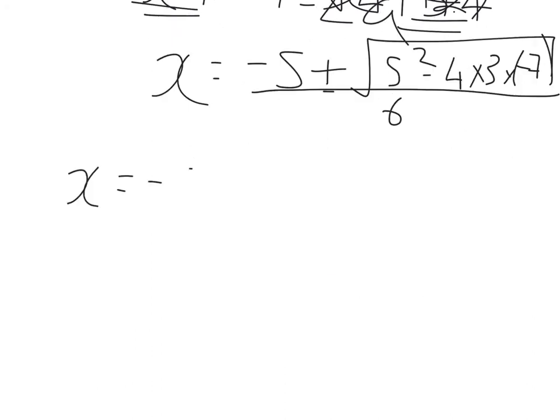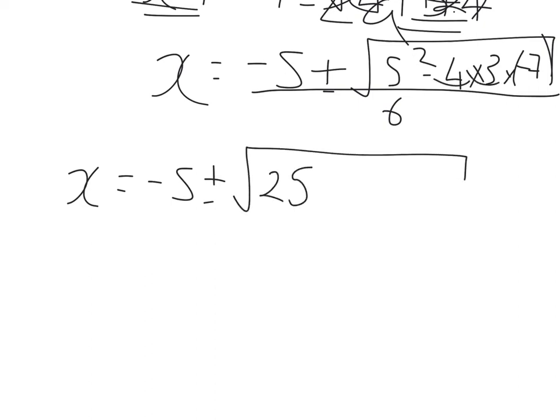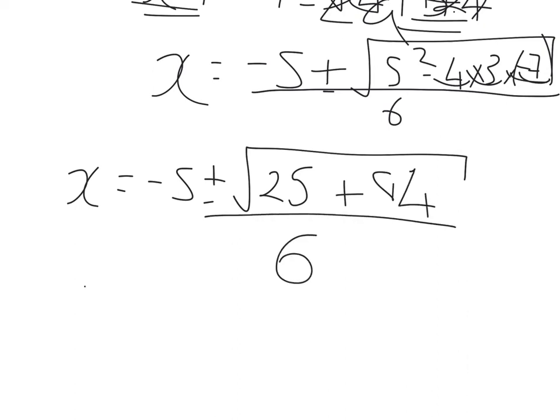Tidying that up, that's minus 5 plus or minus the square root of 5 squared is 25, minus 4 times 3 is minus 12, minus 12 times minus 7 is plus 84, all divided by 6.